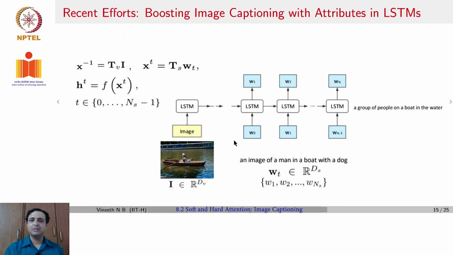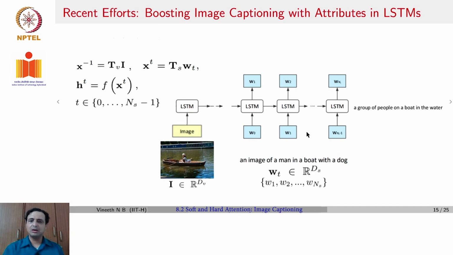So this is the vanilla image captioning approach that we have seen so far, where the image is processed and then given to the first step of the LSTM, and each word of the caption is given as input at each time step of the unrolled LSTM. And HT, which is the hidden state, processes using some function f the input at each time step.